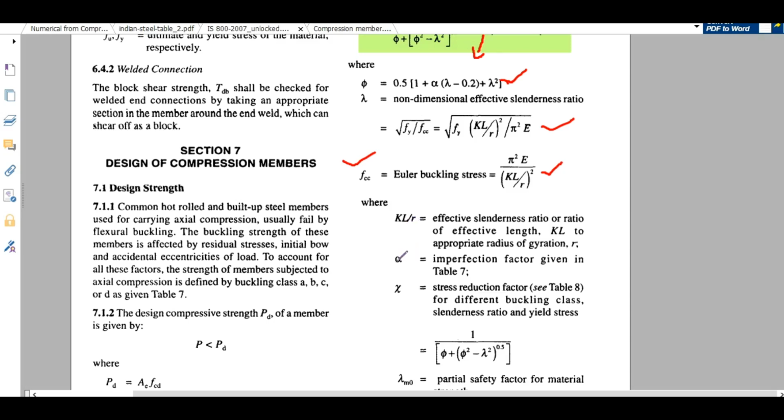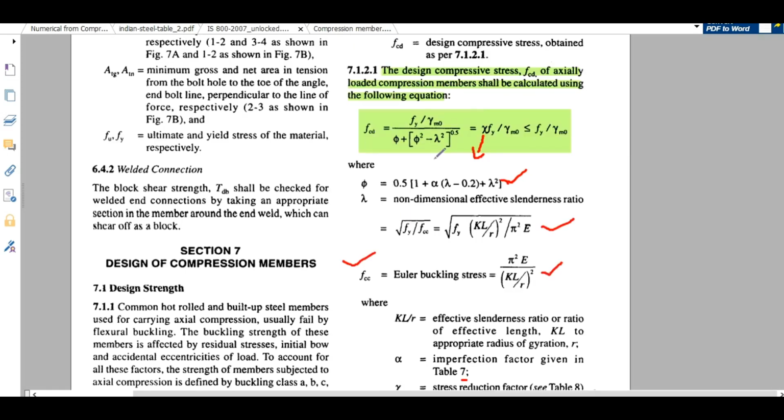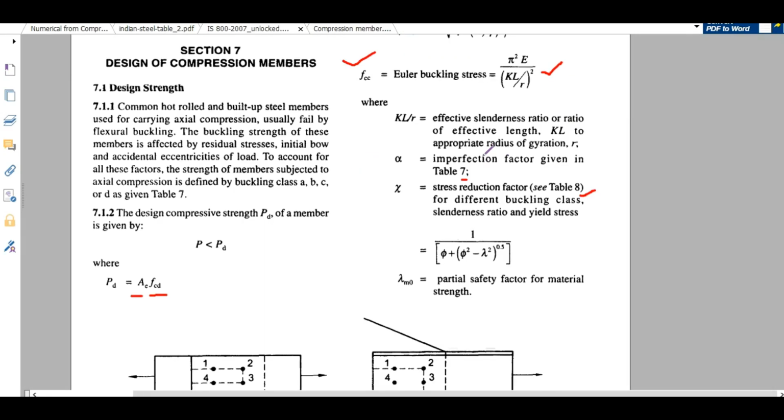Alpha is the imperfection factor, given in table number 7, and the stress reduction factor is in table number 8. In this equation the denominator is the stress reduction factor. You can find it from this equation, or use table 8.